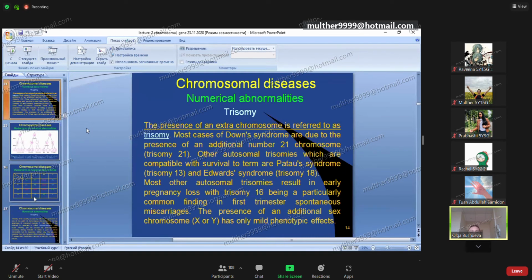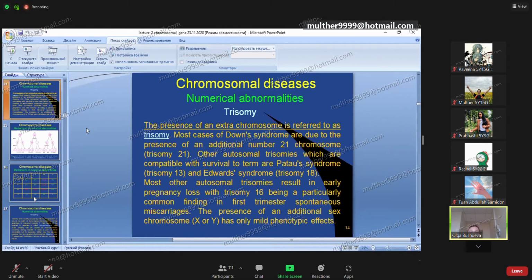The presence of an extra chromosome is referred to as trisomy. Most cases of Down syndrome are due to the presence of an additional chromosome number 21, so we also call it trisomy 21. Other autosomal trisomies, which are compatible with survival to term, are Patau syndrome, trisomy 13, and Edwards syndrome, trisomy 18.